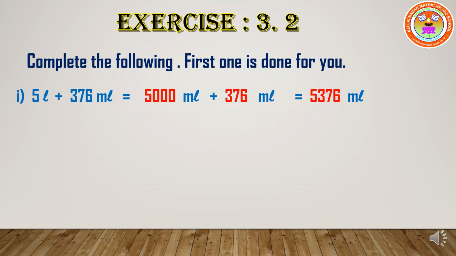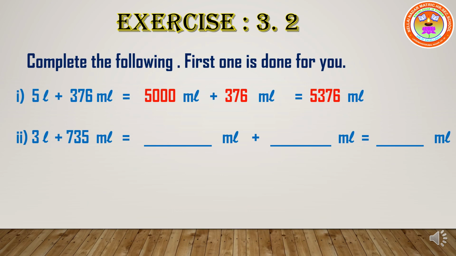So here 5 is multiplied with 1000 to give 5000 milliliter plus 376 milliliter. So both the terms are in milliliter. So we can add the values. So 5000 plus 376 will be 5376 milliliter. Yes, children?